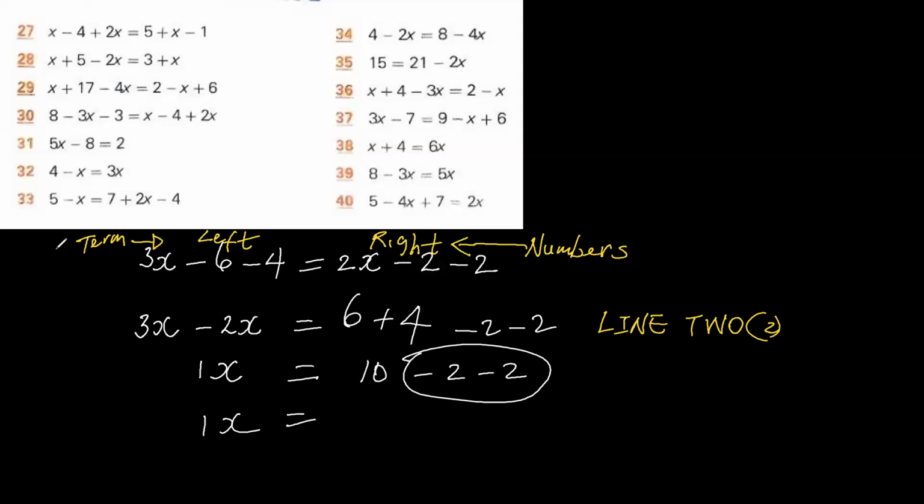Minus 4. Beautiful. So 10 minus 4. And what is 10 minus 4? 6. So your answer is 6. Everybody take this down. So you have line 1, 2, 3, 4, 5. You have 5 lines to get the answer. So x is equal to 6.